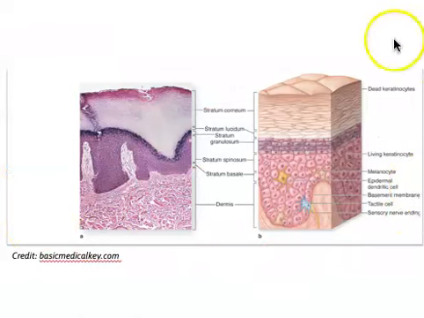On this slide, we can see both an artist's drawing of the integument over on the right and a light microscope image on the left. If you start right here, this is stratum basale, the very bottom layer of the epidermis. So all of this is epidermis.